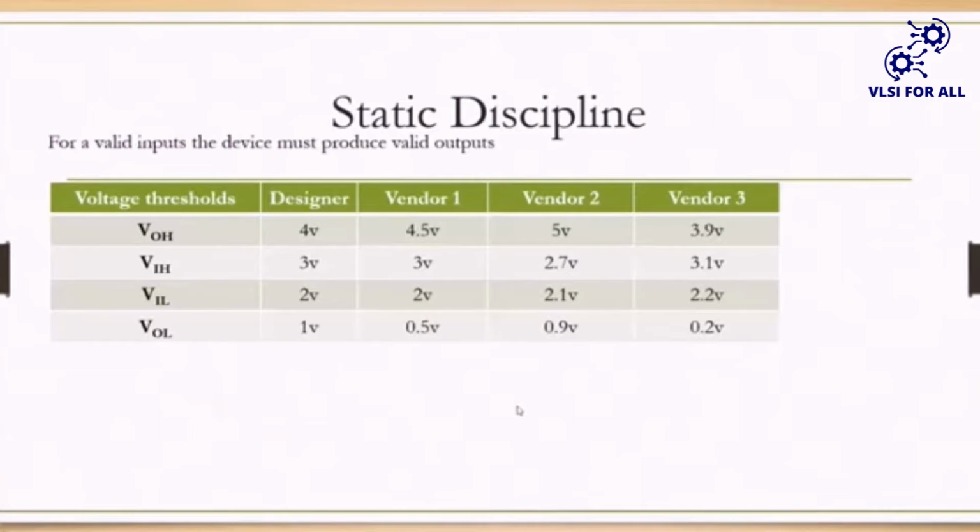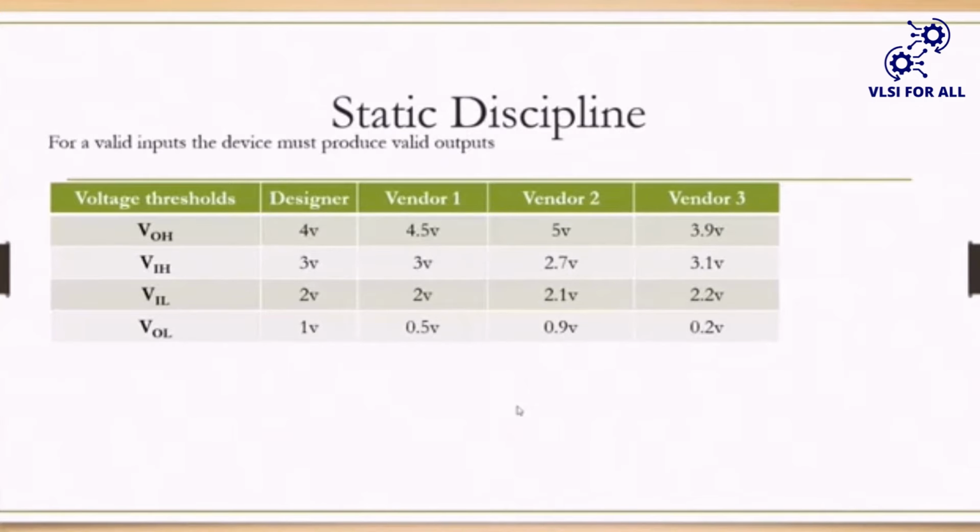And second one is 1.5 also. So what is the noise margin? You need to consider the minimum of both. What is the minimum value? Hmm, 1.5 only, no? Yes, sir.